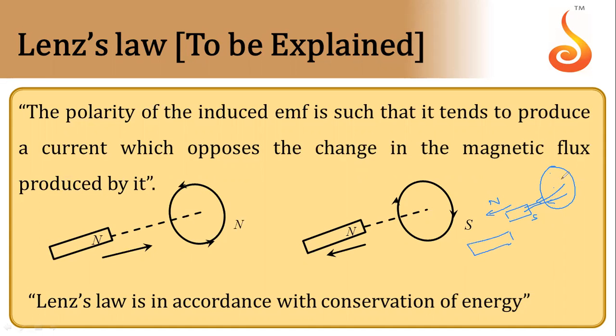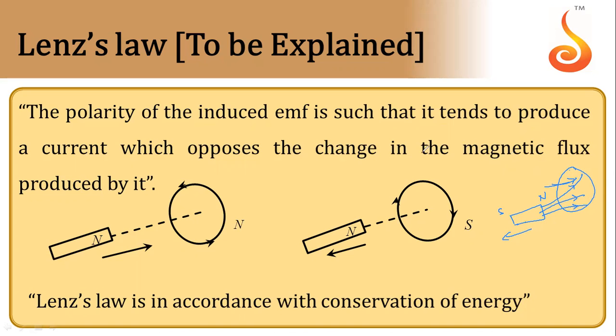In the second case, the north pole is here, the south pole is here, and we are taking this magnet away. We know again that from the north pole magnetic field lines will be coming out, but as this magnet is being carried away, the number of magnetic field lines going inside will decrease.